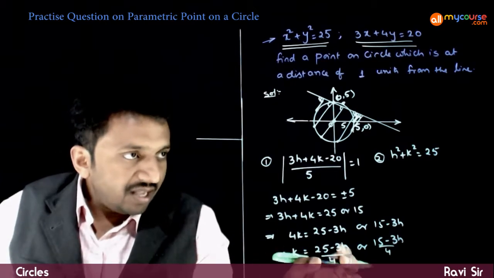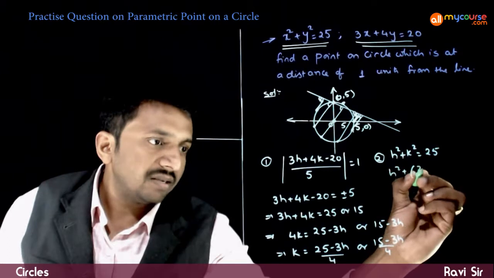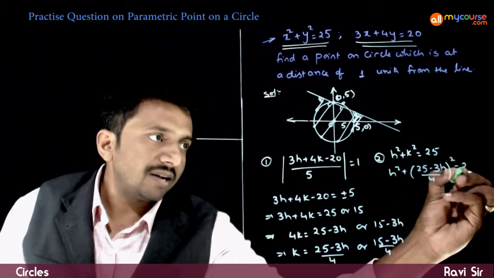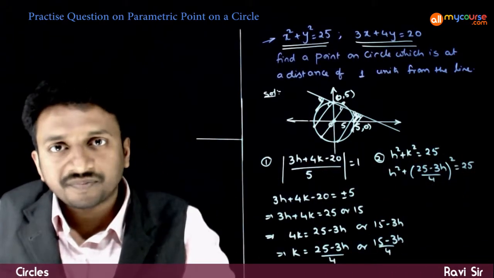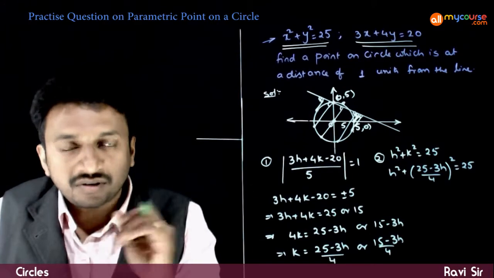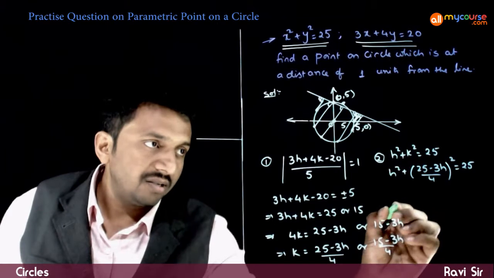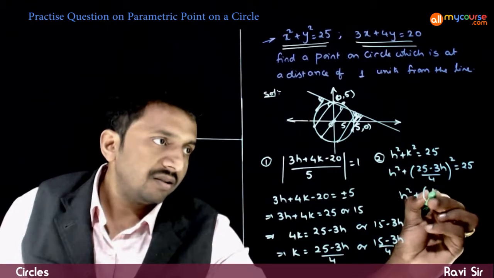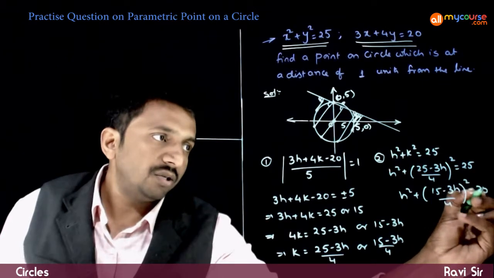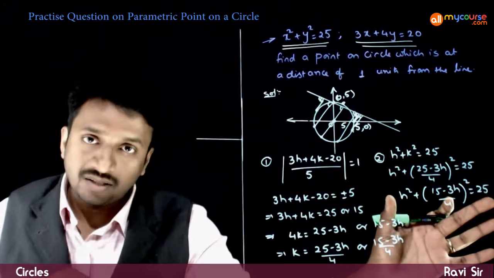So you take this k and substitute in this equation. So h square plus (25 minus 3h by 4) whole square is equal to 25. So you solve this equation, you get 2 values of h. And you take the second equation, h square plus (15 minus 3h by 4) whole square is equal to 25. So you have to solve this quadratic and this quadratic.